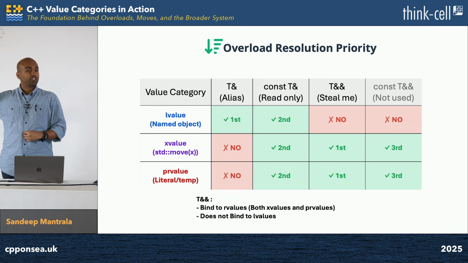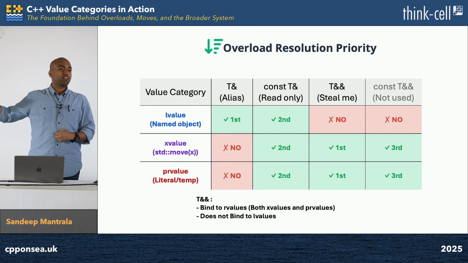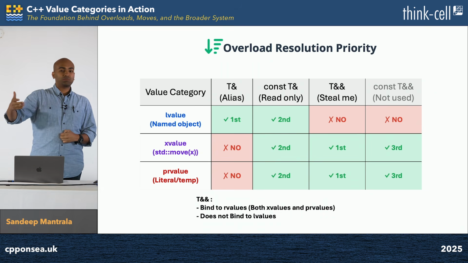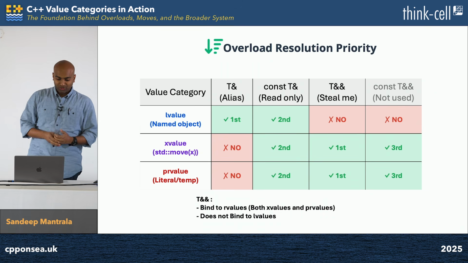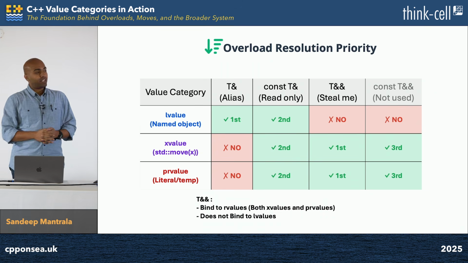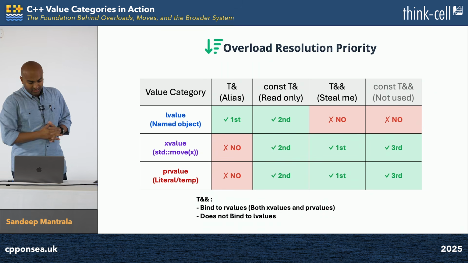When you say T&&, it means that I want to steal the resources, but the object is const, so you cannot steal the resources. So it is of no use to us. But semantically it is possible, so it is there in this slide.